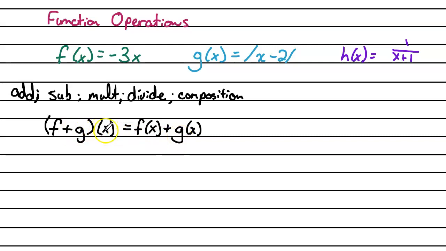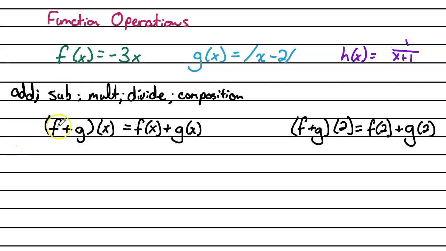Now, if I have a number there, let's say I have f plus g of 2, that's telling me to take f of 2 and add it to g of 2. So I'm going to find f of 2, find g of 2, and then add those to each other.